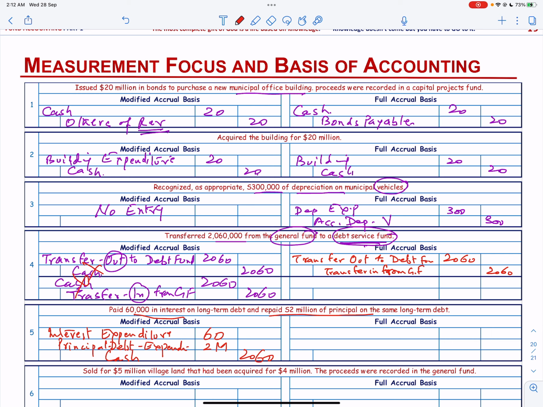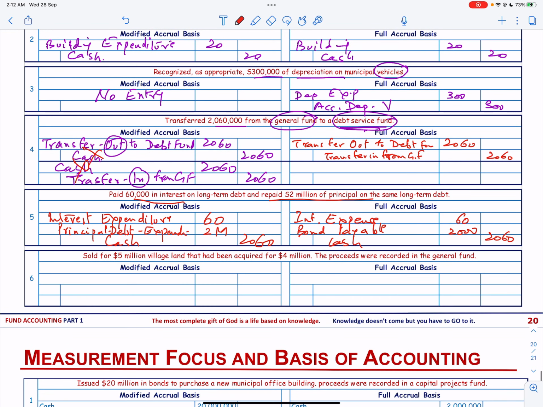For full accrual basis, interest expense will be debit by 60,000 and bonds payable will be debit by 2 million and cash will be credited by 2,060,000.